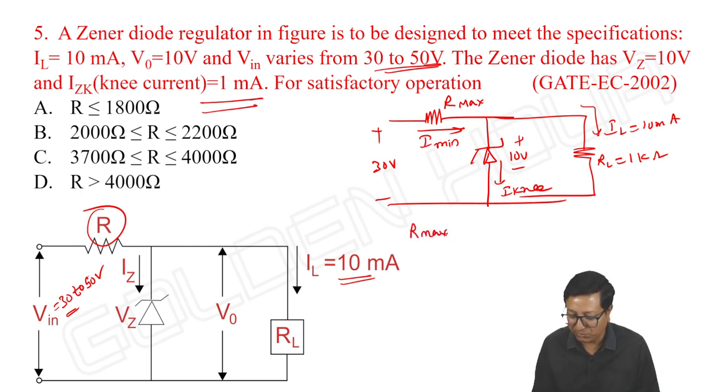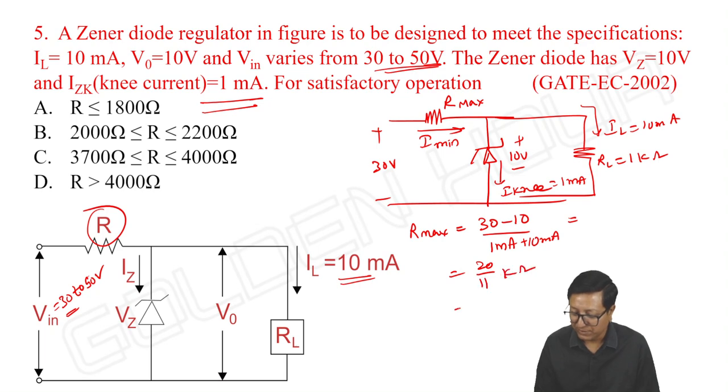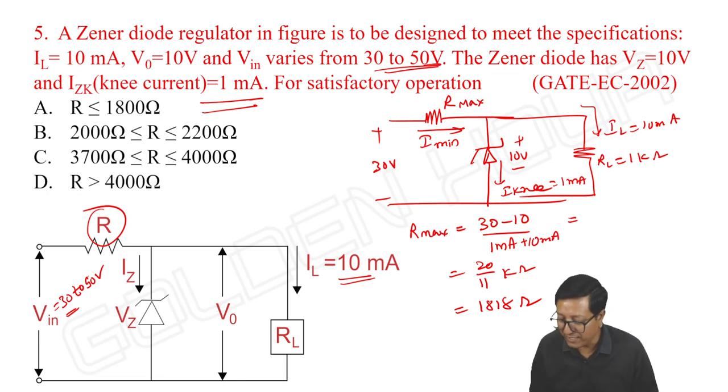The maximum allowable R is 30 minus 10 by knee current, which is 1 milliampere, plus 10 milliampere. So it is 20 by 11 kilo ohm, which is 1818 ohms. So R should be less than or equal to 1818.